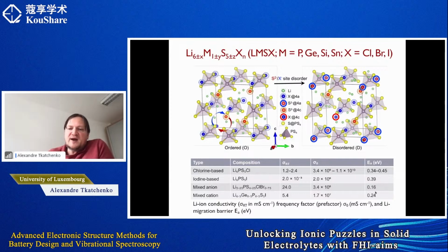If you look at the right-hand side, these are the average barriers that have been experimentally measured for ion mobility. You see that they don't change too much depending on the material, which means that the prefactor, which essentially measures how many different pathways for diffusion exist in this material, matters. So you need to understand both the prefactor, all the different pathways for lithium mobility, and also the barriers.